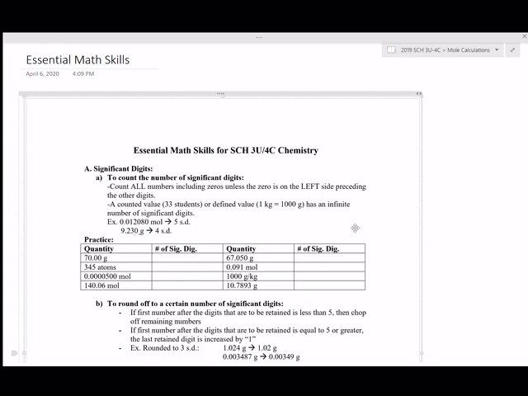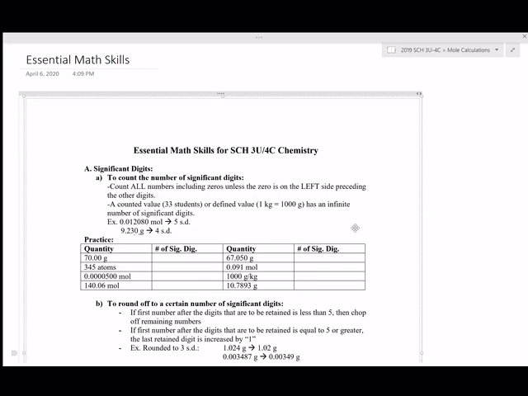So the more digits you see in a number, the more accurate it is. The reason we have to be able to figure out how many significant digits something has is because after you do a calculation, you cannot end up with an answer that is all of a sudden more accurate than the measurements you were starting with.